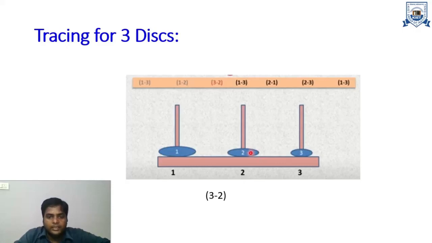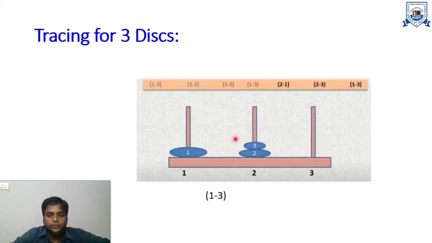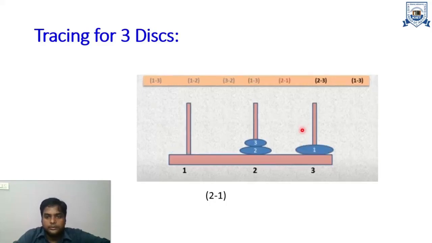The next one is 3 to 2. So we just move this disk from tower 3 to tower 2. Next one is 1 to 3. So we just move this disk from tower 1 to tower 3. Next one is 2 to 1.